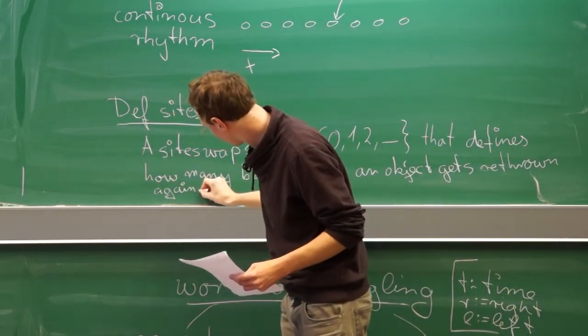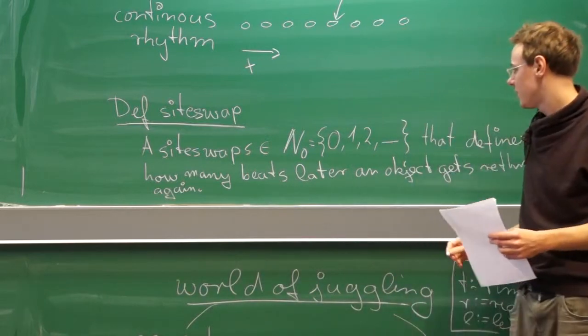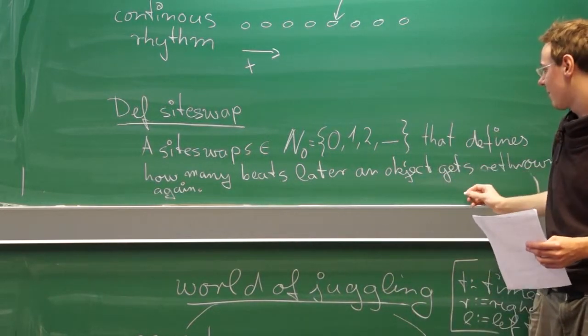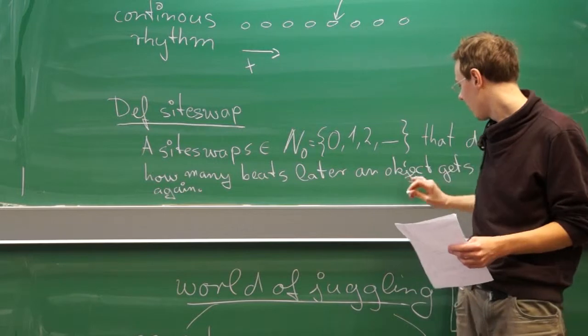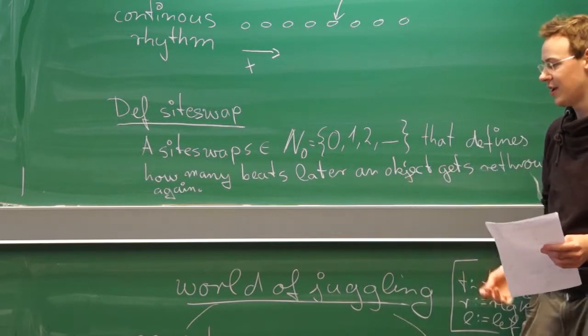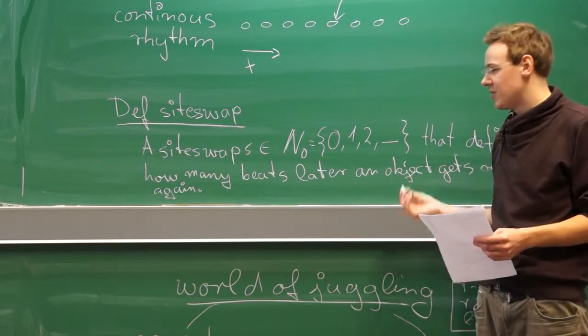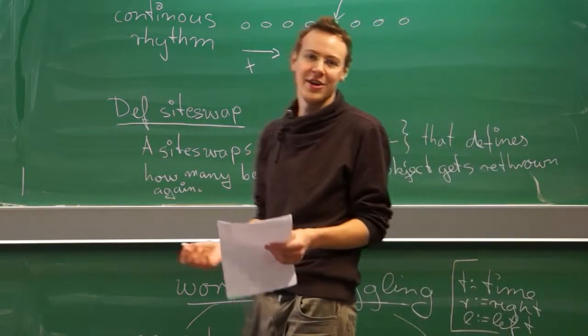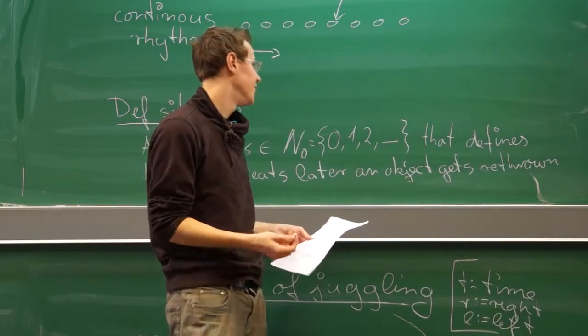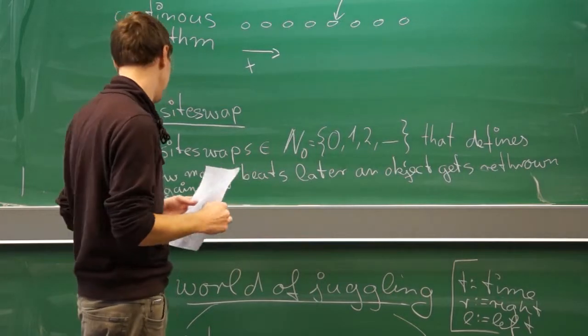If you can read it. So it tells me how many beats later my object will be rethrown. And if I'm choosing the word object here, that means I can use whatever juggling prop I like. I can use balls, I can use clubs, I can use rings, it doesn't really matter.